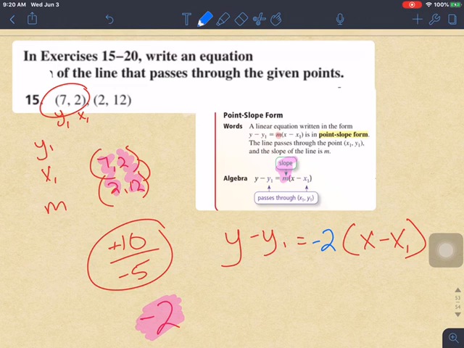Remember, I'm sorry, I have that backwards over here. This is the x sub 1, this is the y sub 1. I had that reversed. I'm so sorry. The x sub 1 is a 7, and the y sub 1 is the 2. And that's all you got to do to put that into point-slope form.